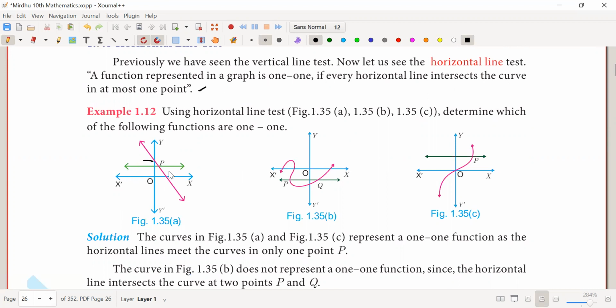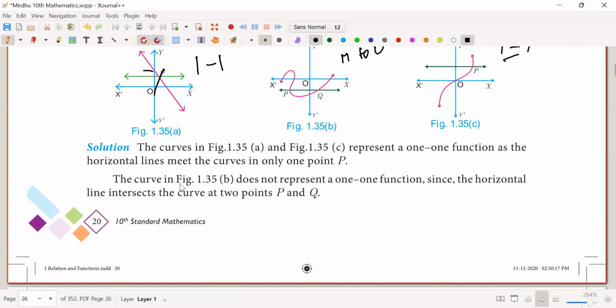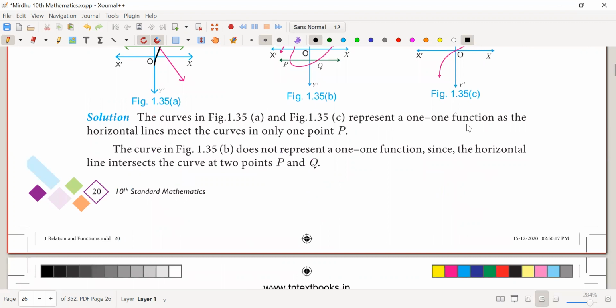That is, if a horizontal line cuts at only one point, then it is a one-to-one function. If it cuts at many points, then it is a many-to-one function. This is one-to-one. This is many-to-one. This is one-to-one. So the curve represents a one-to-one function as a horizontal line meets the curve at only one point.